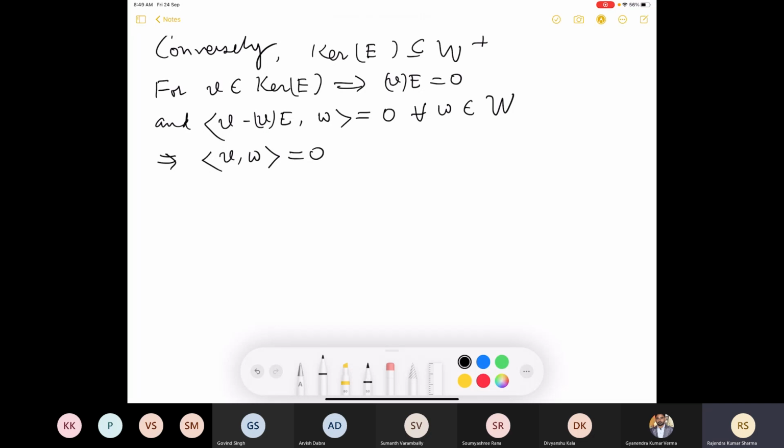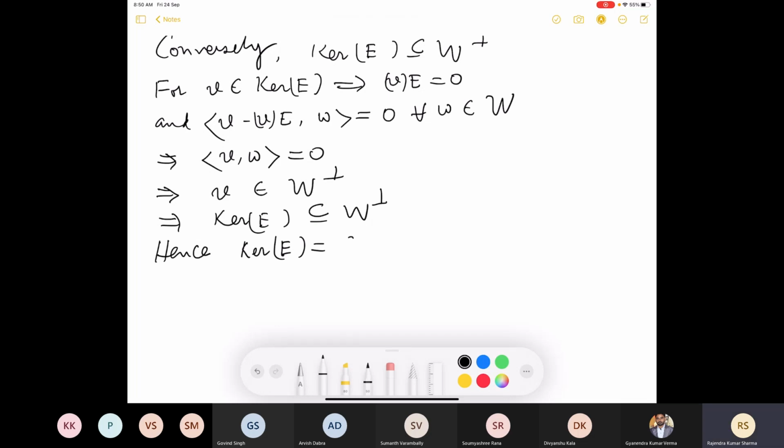And that makes V in the orthogonal complement. And that makes that the kernel is contained in the orthogonal complement. So taking the two together, what we have got is that the kernel of E is basically the orthogonal complement.